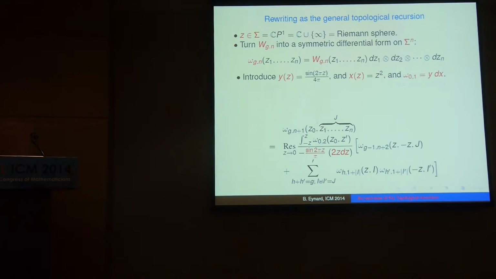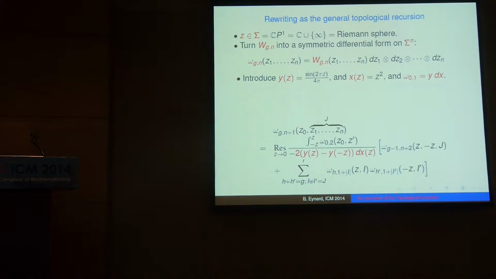So let me introduce a function y of z, which is sine of 2 pi z over 4 pi, and another function x of z, which is z squared. So this one is 4 times y, and this one is dx, the differential of x. dx, 2z dz, is dx. In fact, because y is an odd function, instead of writing 4 times y, I prefer to write 2 times y of z minus y of minus z.